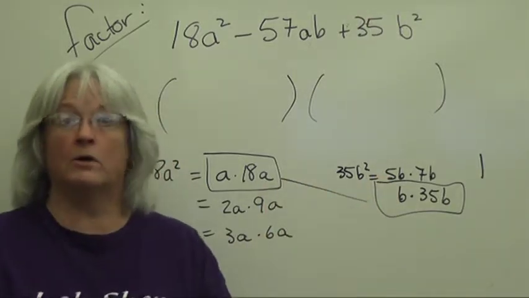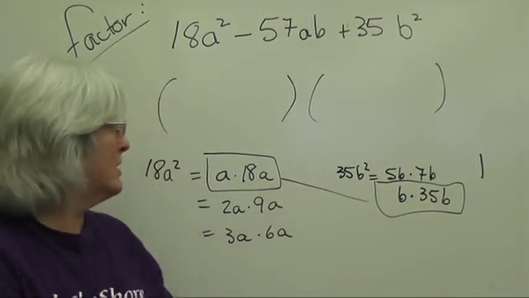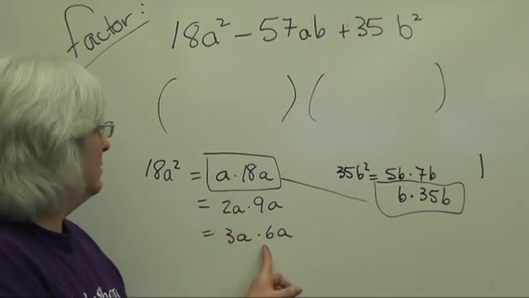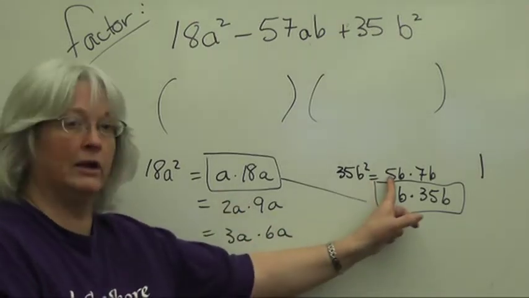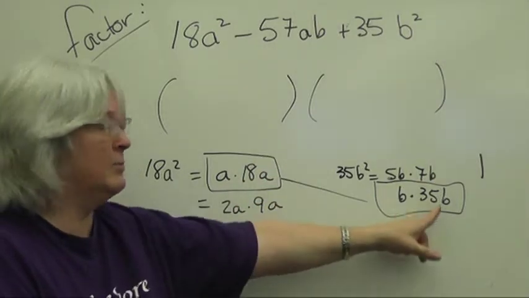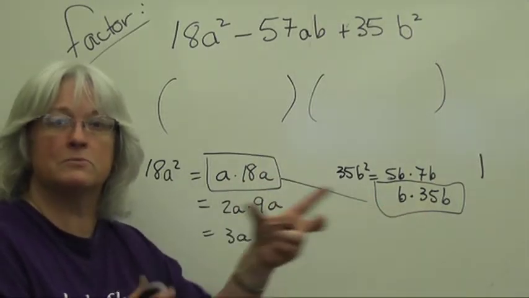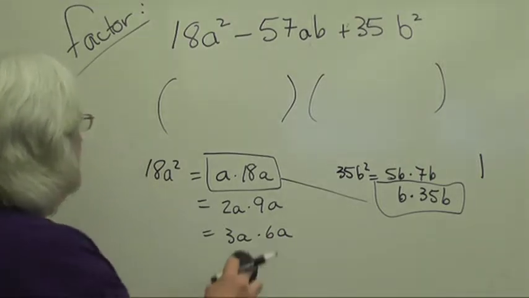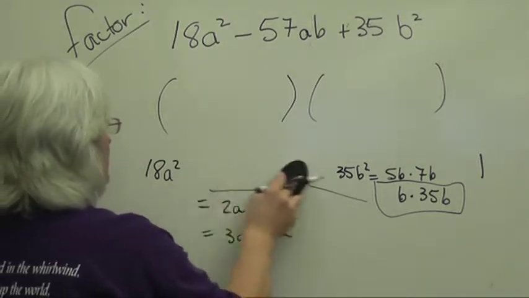That's usually not going to be what the factors are. So when I'm doing my trial and error, I leave the 1 times 18 or the number times 1, 35 times 1, as my last trial. So I'm just going to go ahead and take those out.